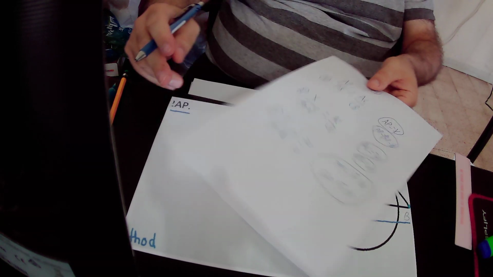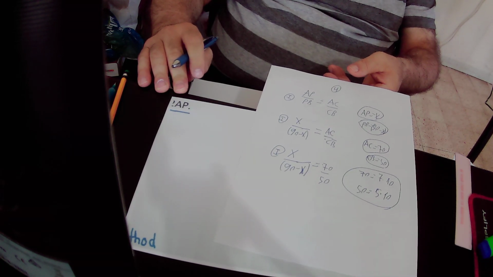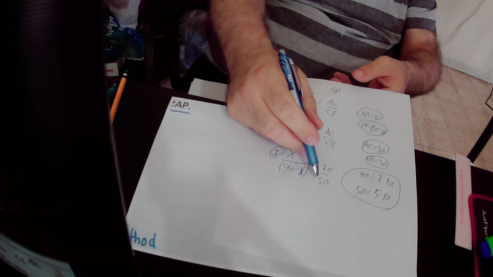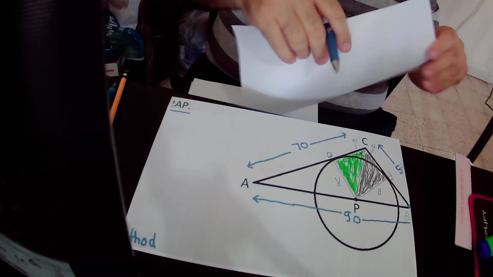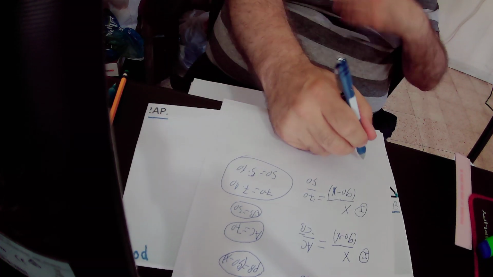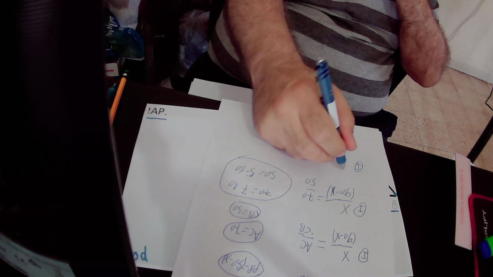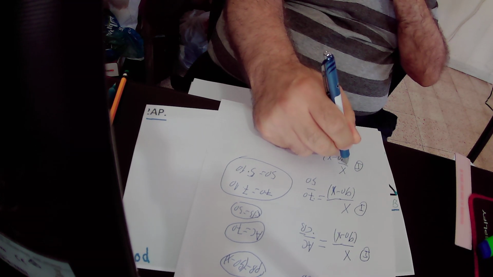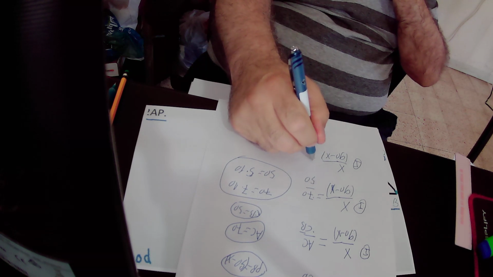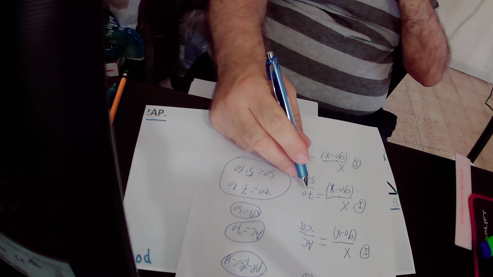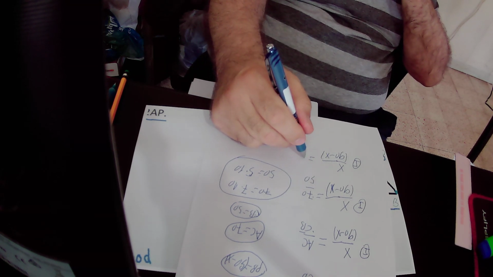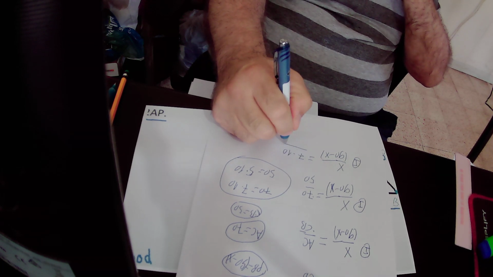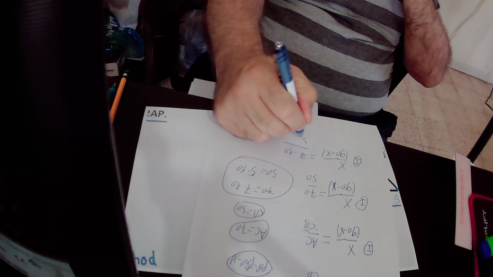So I'll substitute 70 by 7 times 10 and 50 by 5 times 10. Instead of 70, I will write 7 times 10, and instead of 50, I will write 5 times 10.